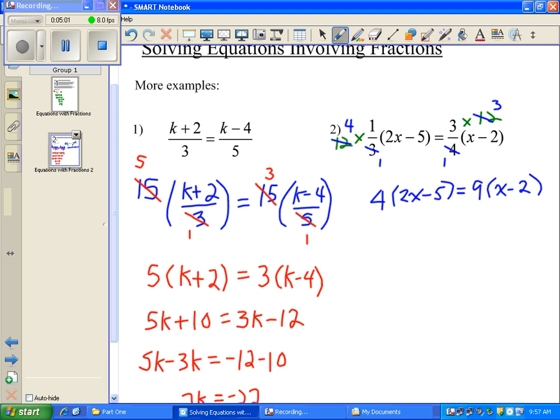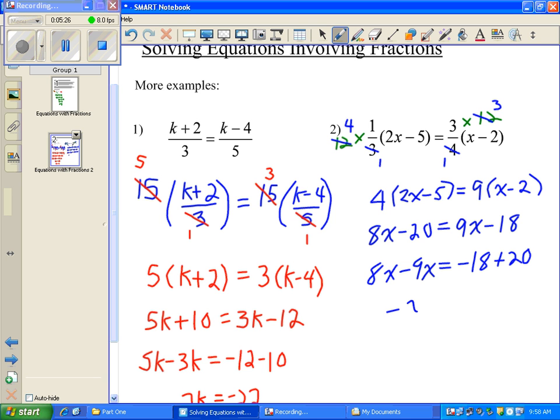If there is a numerator, you need to multiply the numerator by whatever was the result when you canceled out. And now again, we just go ahead and we solve this. So 4 times 2x is 8x minus 20, 9x minus 18, letters to the left, numbers to the right, and solve.